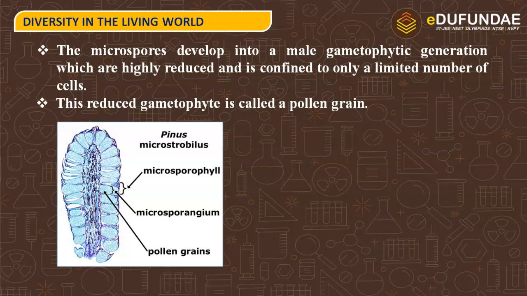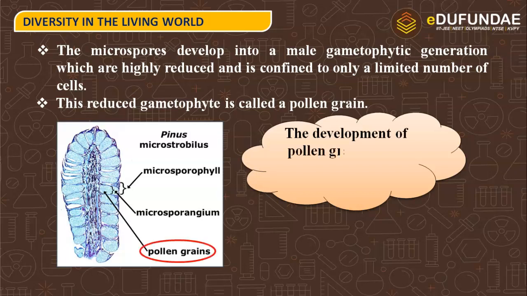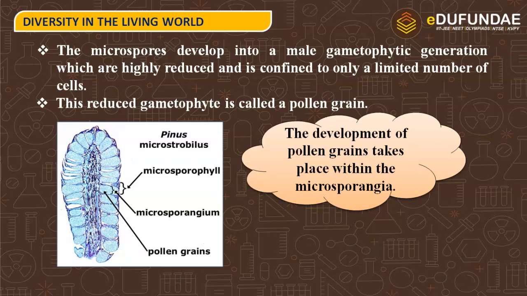So this is the whole structure of the Pinus microstrobilus and here we can notice the pollen grains. The development of pollen grains takes place within the microsporangia. That is quite obvious, it will be inside the microsporangia.